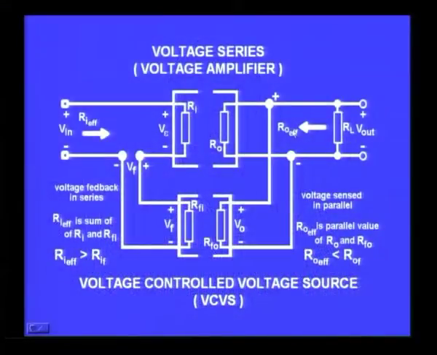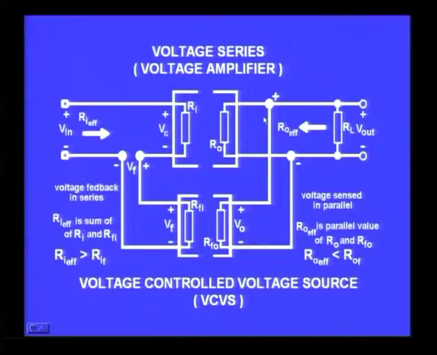Whenever there is a decrease, that means it becomes much closer to an ideal voltage source, and therefore the output will be able to drive any kind of load, any magnitude of the load. That means this has to be a voltage source.